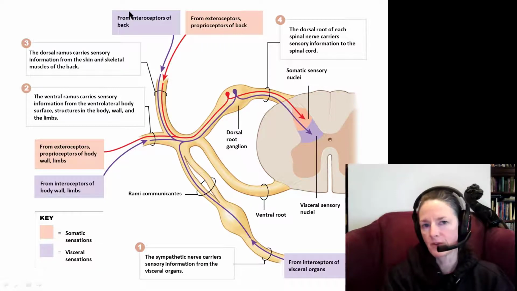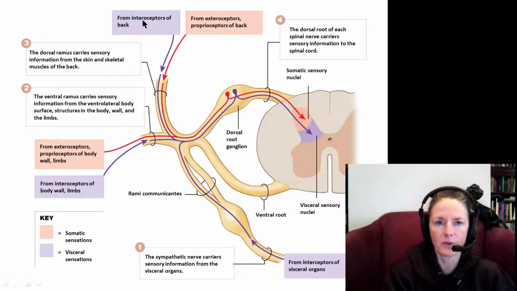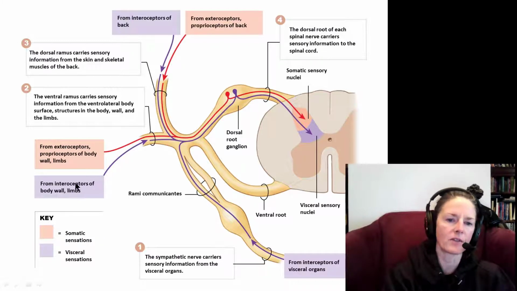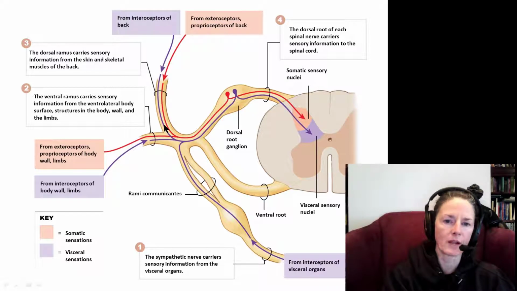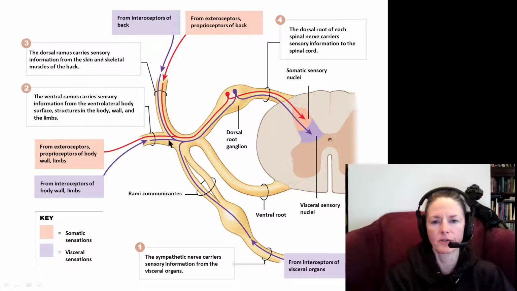But we're also going to be receiving visceral information, so interoreceptors, things that are located within organs and the like. And these will be bringing information from basically the interoreceptors of the back coming via the dorsal ramus, and the ventral ramus will be bringing information from the anterior surface of the body.